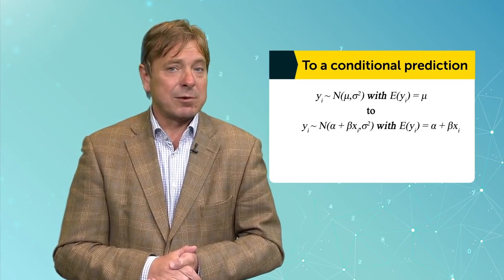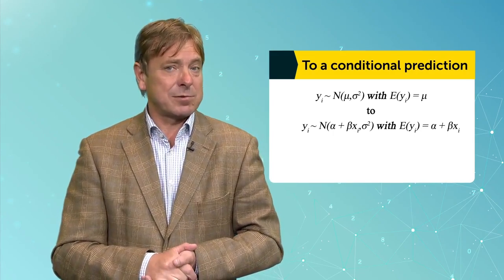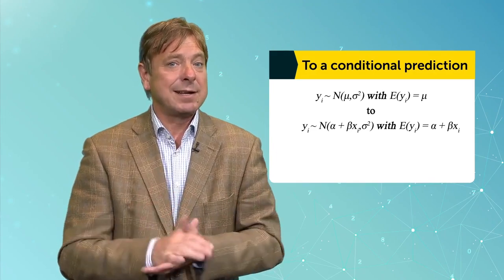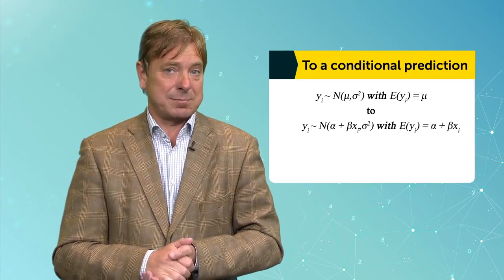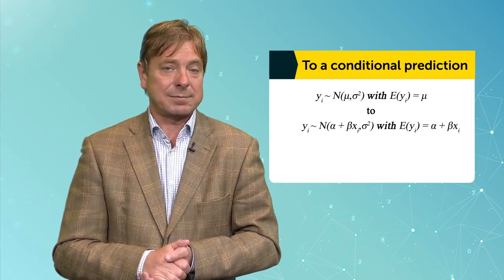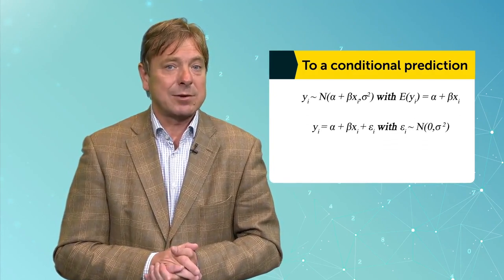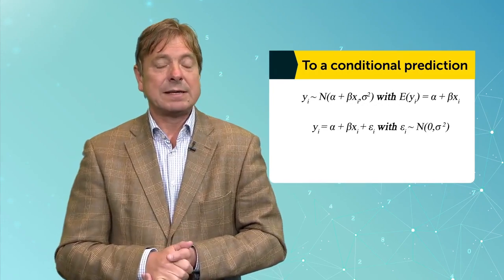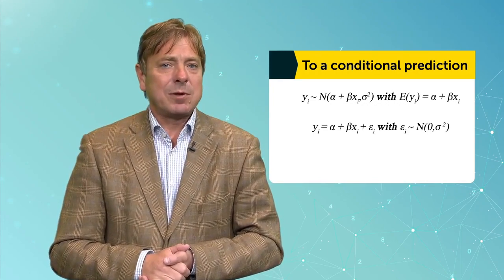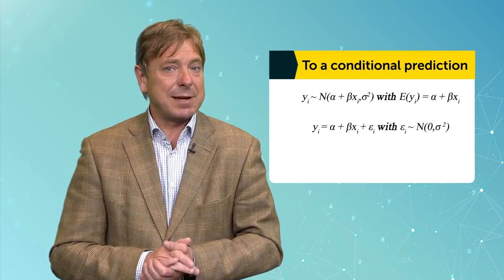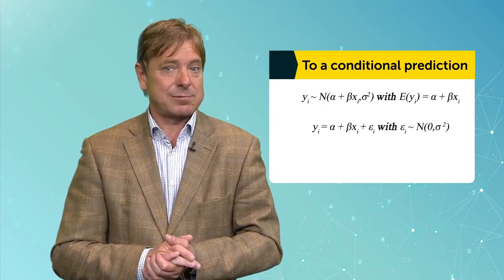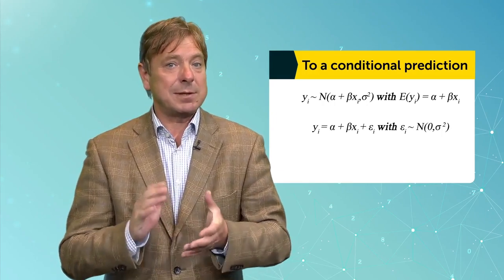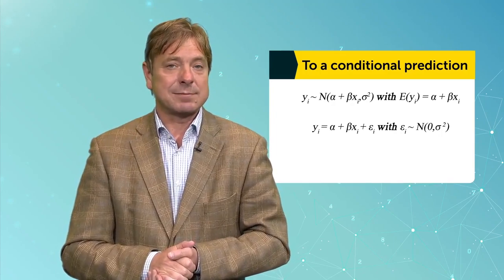An alternative way of writing the conditional prediction follows from demeaning y by subtracting the linear term alpha plus beta x_i, such that a normally distributed error term with mean 0 emerges, like this. This rewritten form will become useful when we want to estimate the coefficients alpha and beta from observed data, as will be demonstrated next.